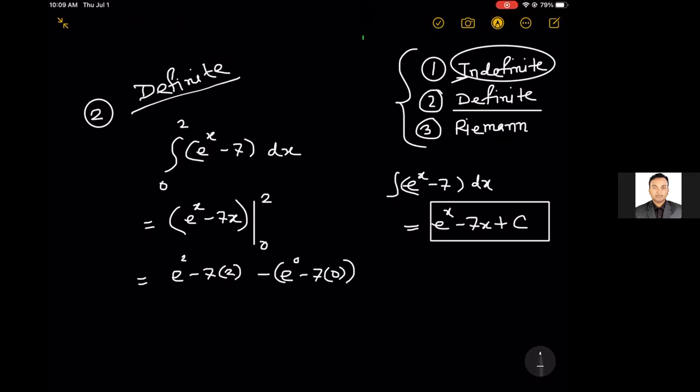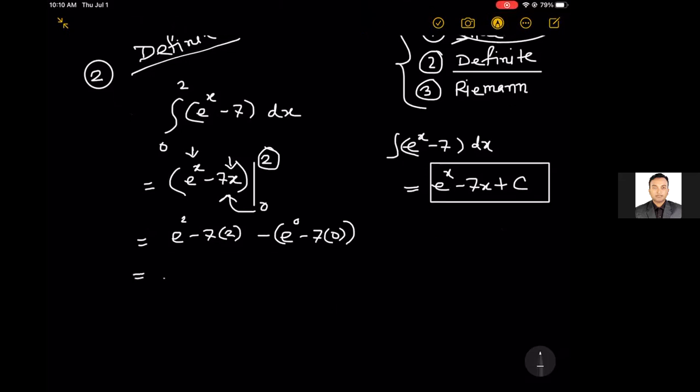Yeah, you're right. So we just need to plug in the upper limit first in place of x, then subtract the terms by plugging in 0 in place of both of these x's, right?